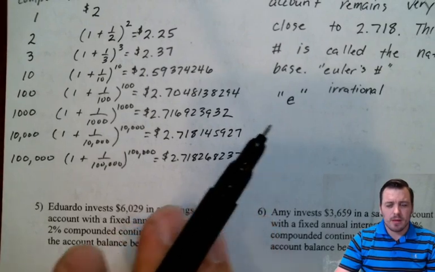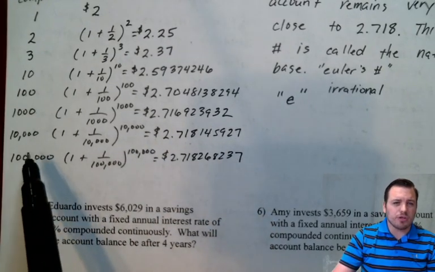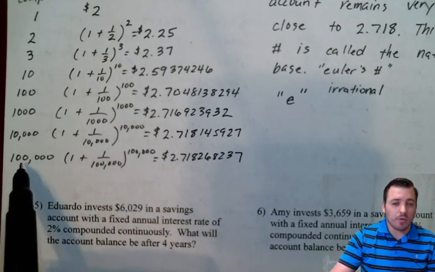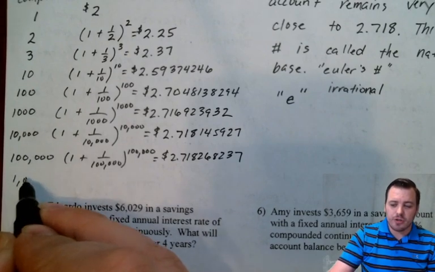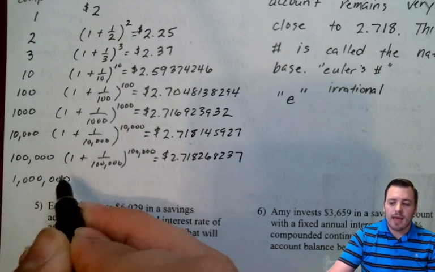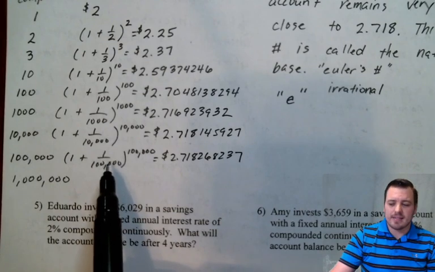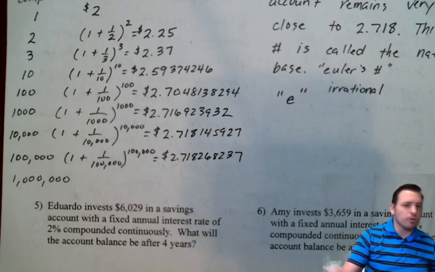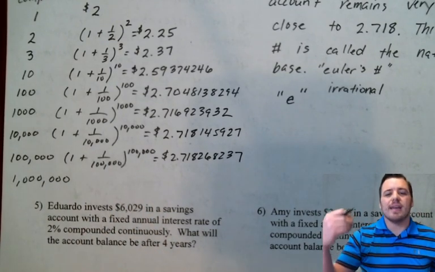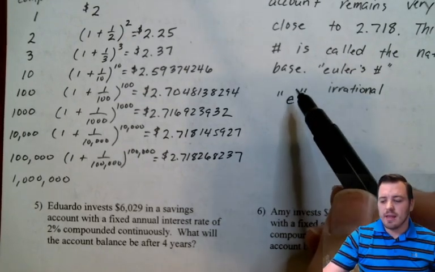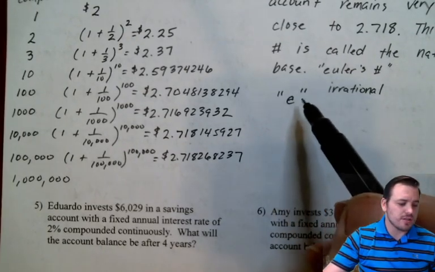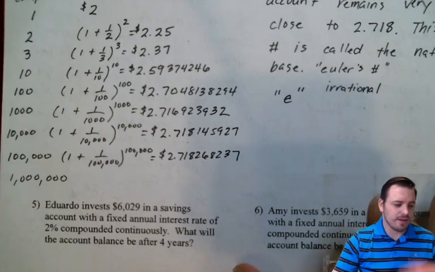So as the number n of compounds approaches infinity, we're at 100,000, we could go to 1,000,000, the x approaches positive infinity.